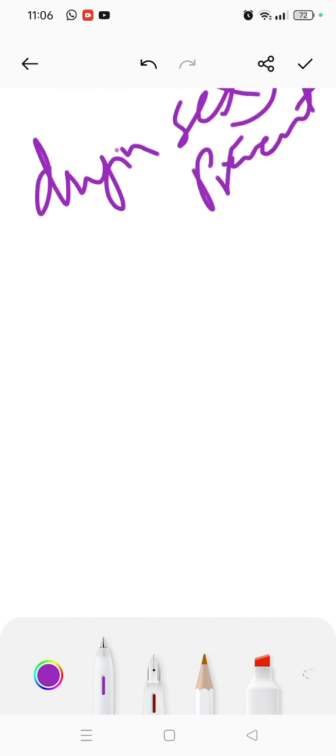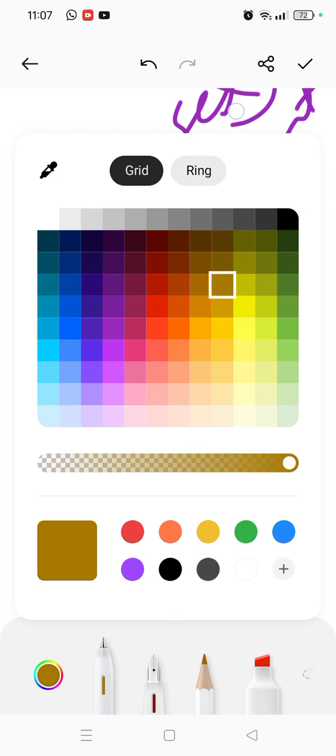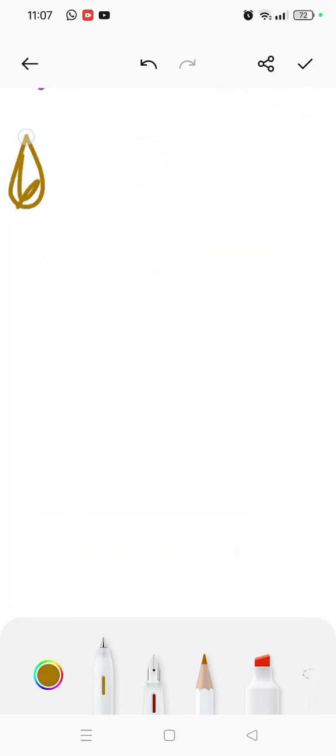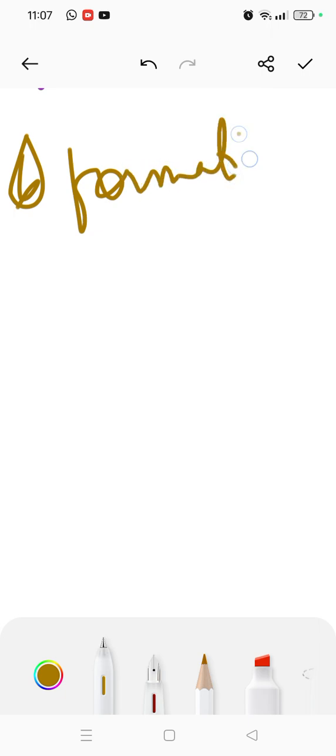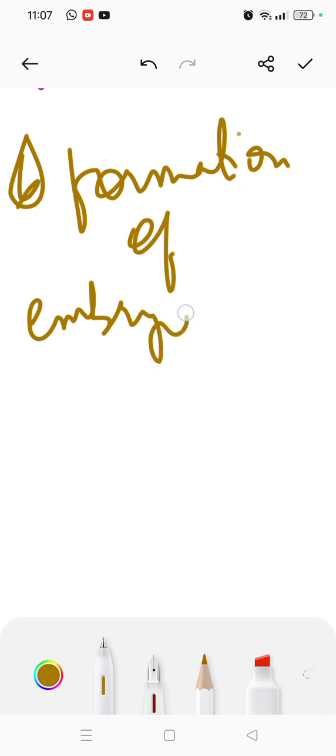Let's move towards the last, the sixth, which is formation of embryo. In amphibious plants it is a universal occurrence.